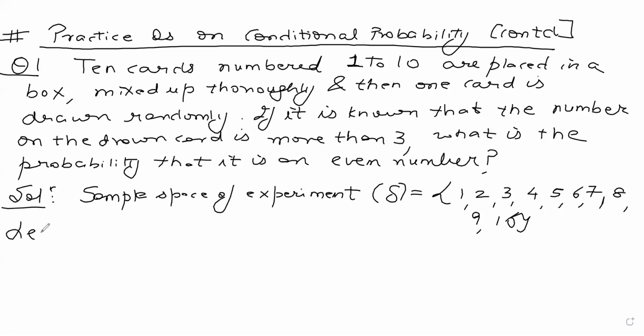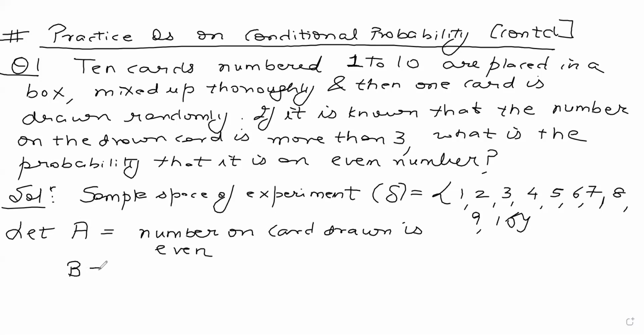Now let A be the event that the number on the card drawn is even, and B be the event that the number on the card drawn is more than 3.